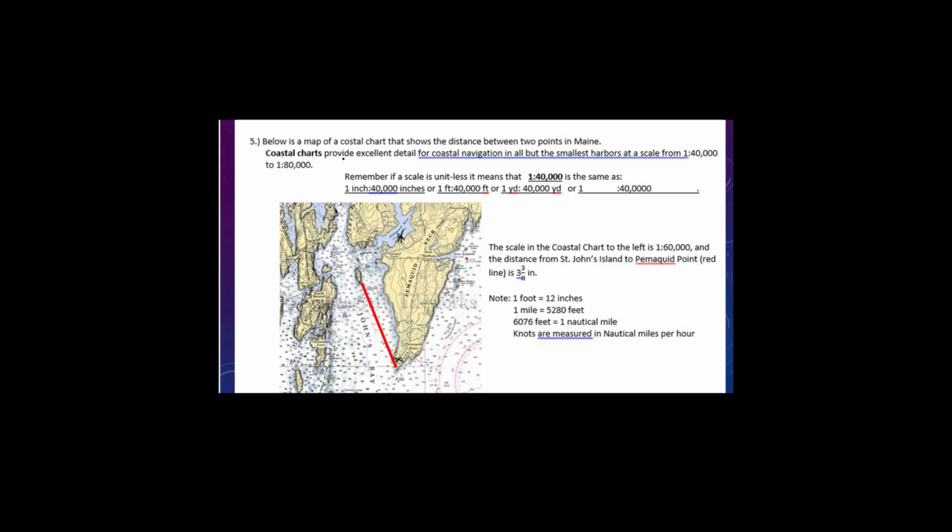So, okay, this is a coastal chart. It provides excellent detail for small harbors. And the scales are between 1 to 40,000 and 1 to 80,000. Hopefully you know now that they are unitless scales.